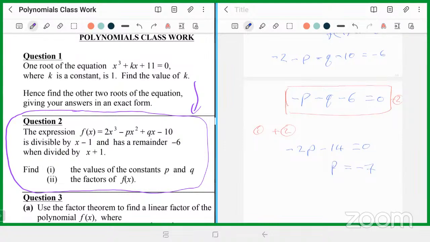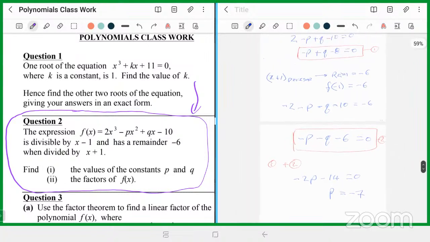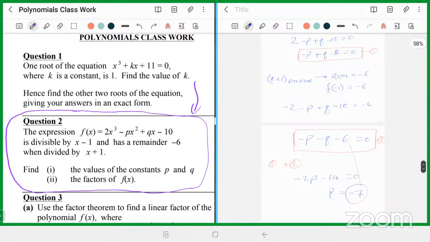And then to get the q, I can plug the negative 7 all the way up in this one for the p and find out what the q is. Nice and easy. Minus a negative 7, plus q minus 8 is equal to 0.